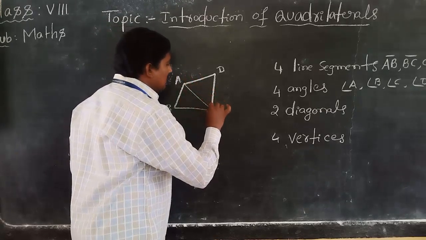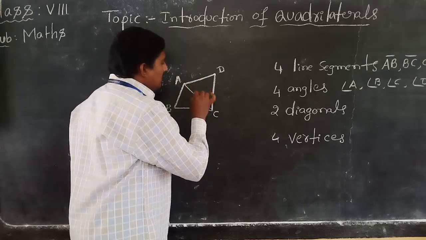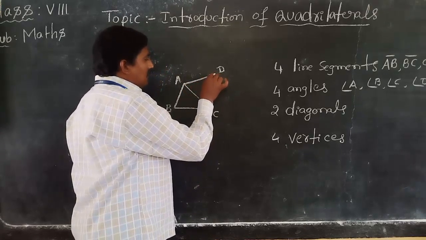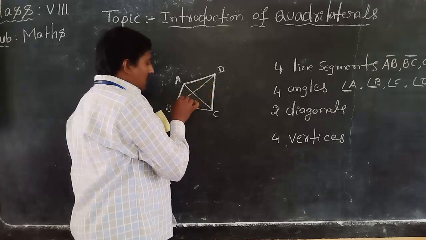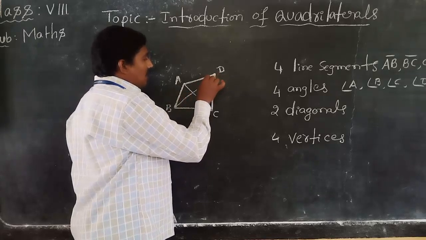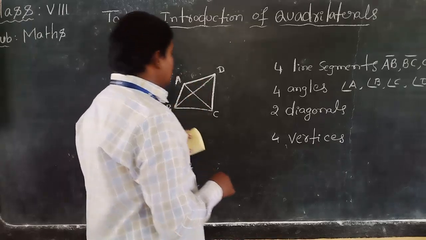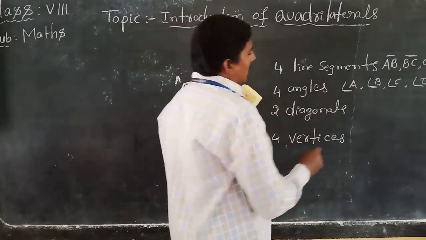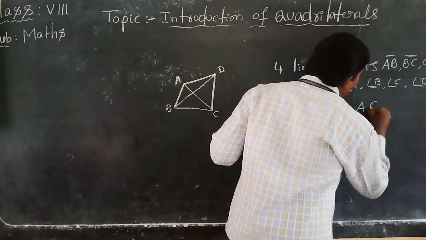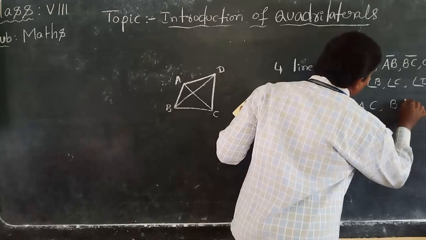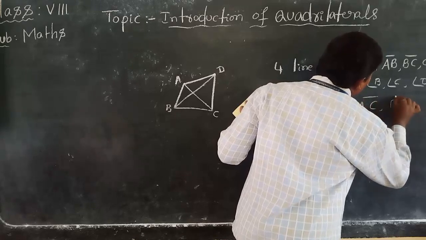AC is a diagonal and also BD is a diagonal. AC, BD are the 2 diagonals.